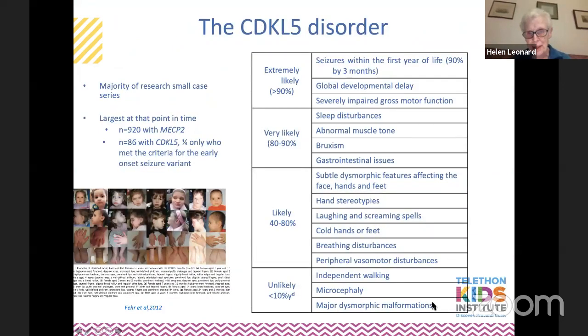We developed this table showing the characteristics that were most likely in CDKL5. And of course, as you all know, seizures within the first year, usually within the first 3 months of life, global developmental delay, severely impaired gross motor function, and other features like sleep disturbances, hypotonia, teeth grinding, gastrointestinal issues.